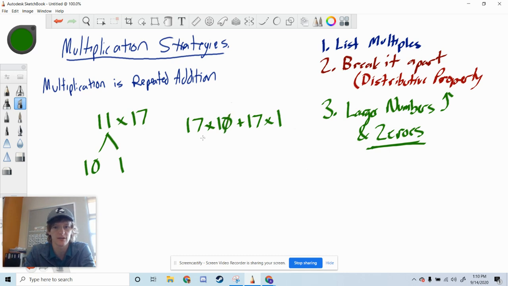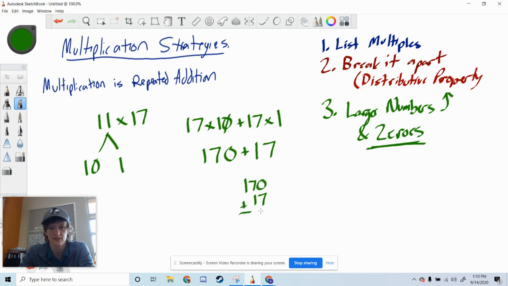We just cross this 0 off. 17 times 1 is 17, and then we put our 0 on it. Plus 17 times 1 is just 17. And we're just going to add these together, 170 and 17. 7 plus 0 is 7. 7 plus 1 is 8. 1 plus nothing is 1. We get our 187 again.